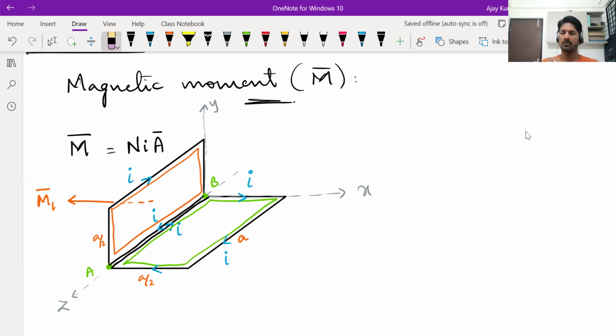Curl your right hand fingers along a loop in the plane of your table. Which way does the thumb point? You have to curl your right hand fingers this way. On your table, you have to curl them like that.